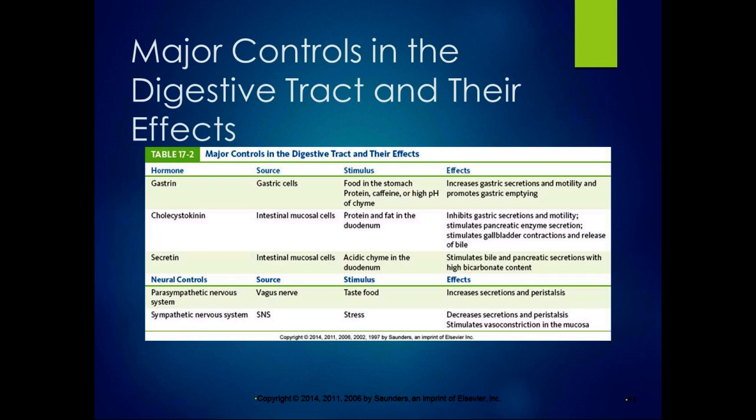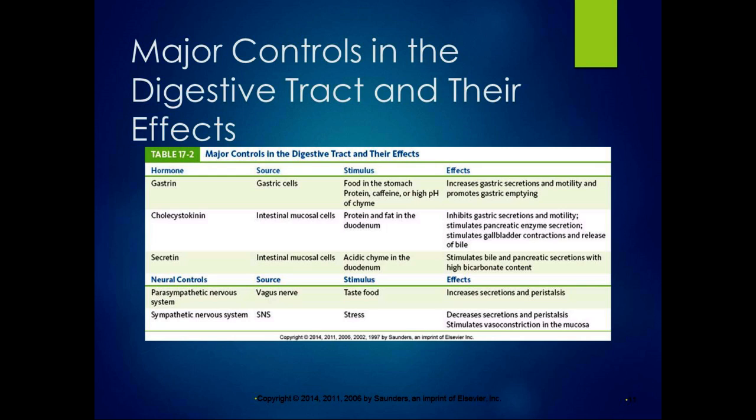So in the book they talk about the neural and hormonal controls of the digestive tract. Basically, this table is all we're going to hit on. There are different hormones and different neural controls that affect the digestive tract. So with the neural controls, the parasympathetic system, I like to say it's the rest and digest system.